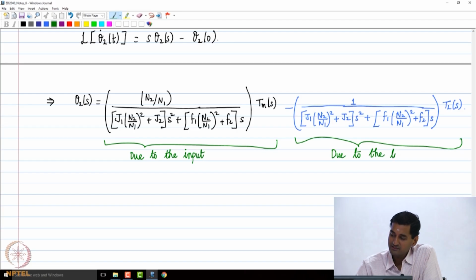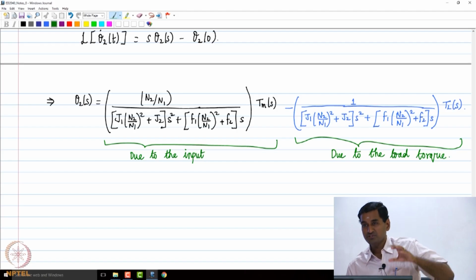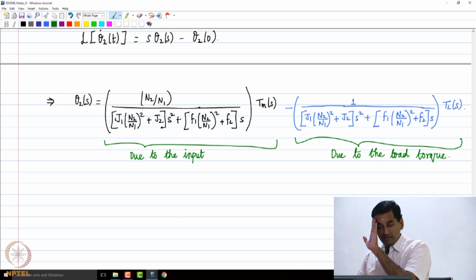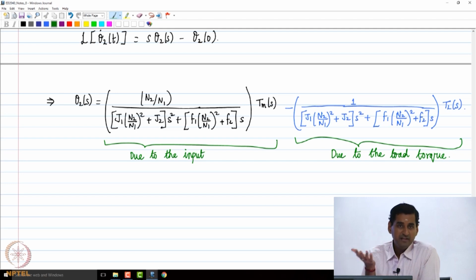Please note that if I want to move the output shaft to any position, you can immediately see that the load torque is going to play a role as far as the response of the system is concerned. So, we need to keep that in mind.